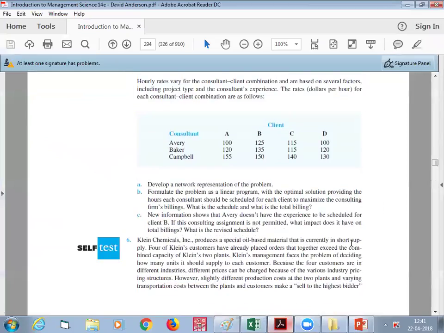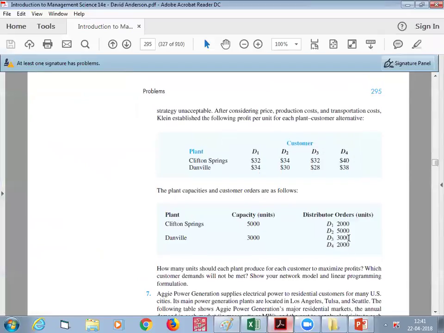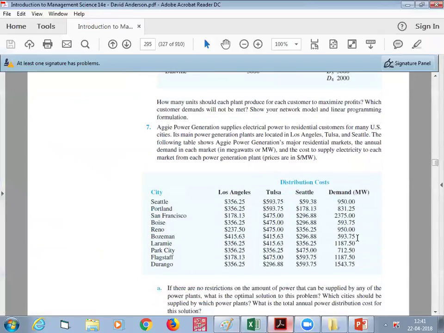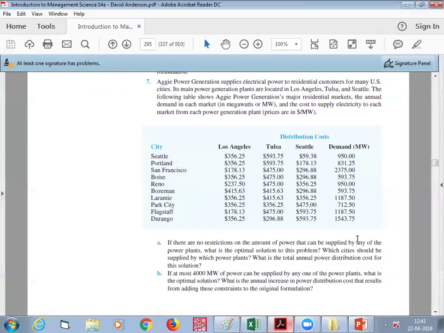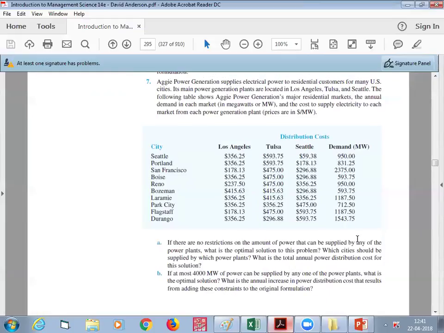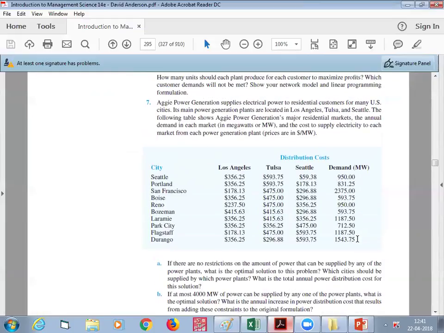So let's try to solve an assignment problem also using this. Okay, distributor orders. Distribution cost. Demand and supply. Supply is.